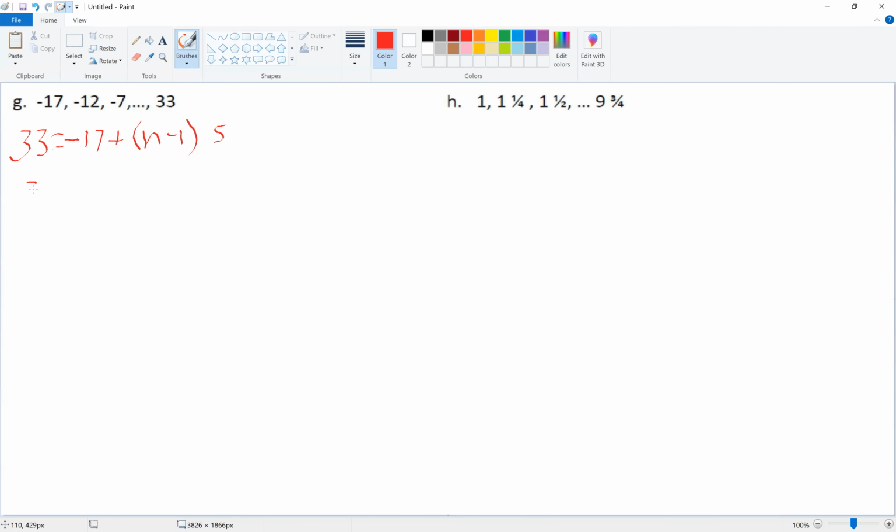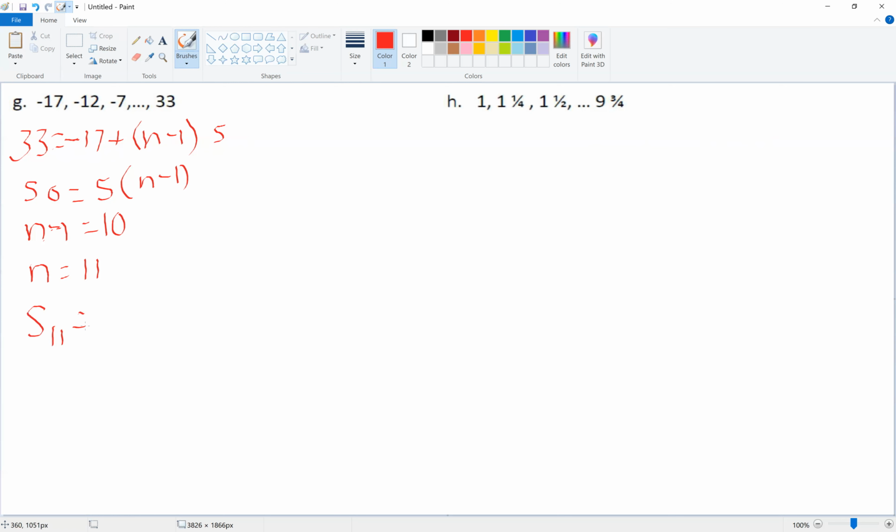So 50 equals n minus 1 times 5, or 10 equals n minus 1. So n equals 9. So there's 9 terms total. So n minus 1 is 10, n is... oh, right. I made a silly mistake. So, 11. Yeah, 11.